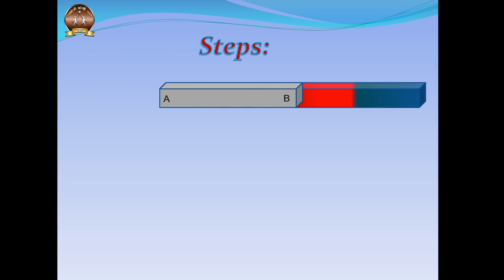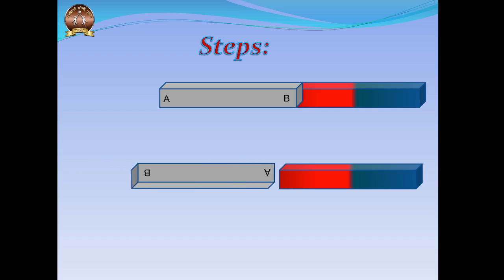So when you bring, say, the end B towards the bar magnet, if it is getting attracted, you can see that it is getting attracted towards the north pole of your magnet. Now you test the iron bar for the other end, that is the end A. You see if it is getting attracted. Yes, it is getting attracted towards the magnet over here. So both ends of the iron bar are getting attracted towards our magnet.